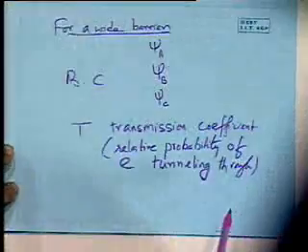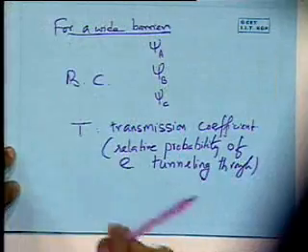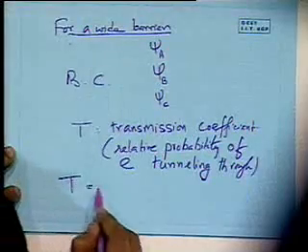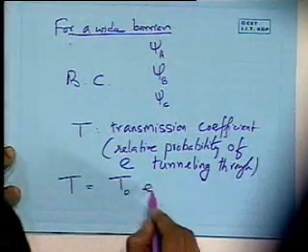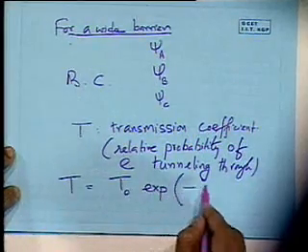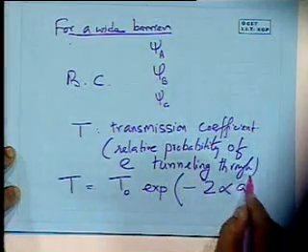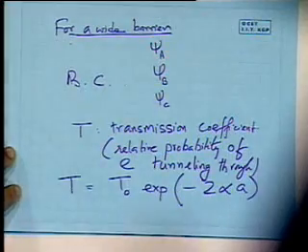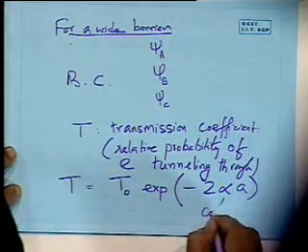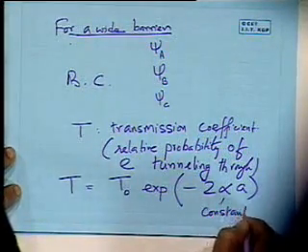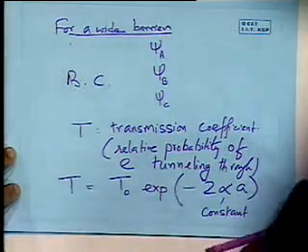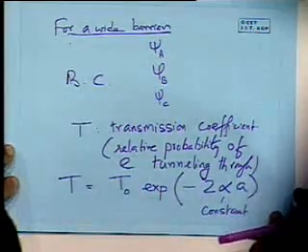T, the transmission coefficient, is the relative probability of the electron tunneling through, is given by T equals T naught exponential minus 2 alpha A. Alpha is some constant there, and T naught has an expression which I'll give you in a second.